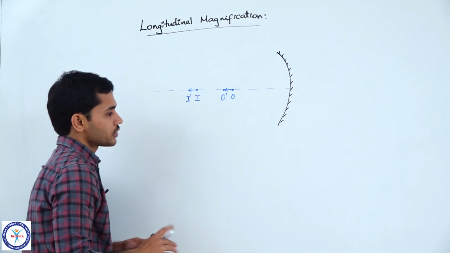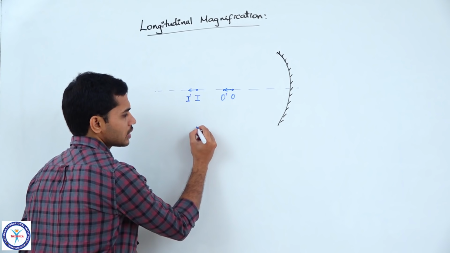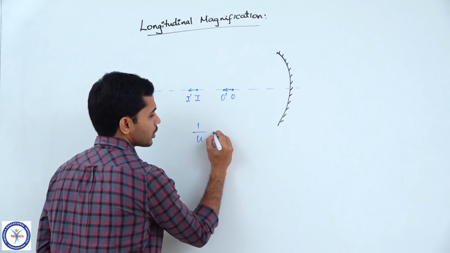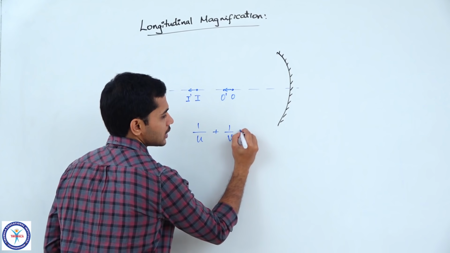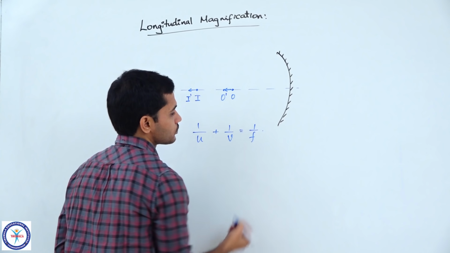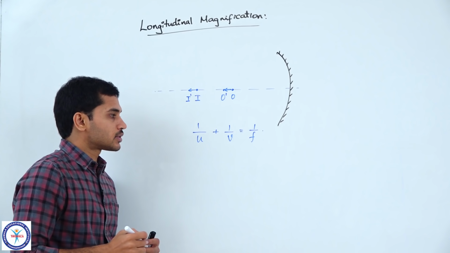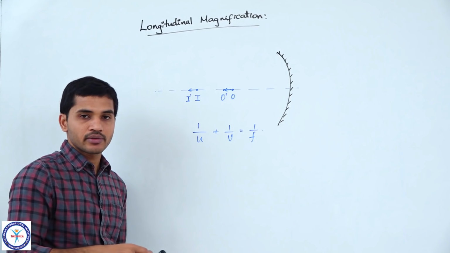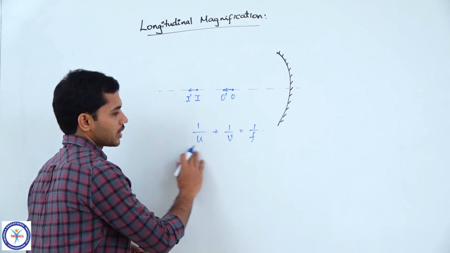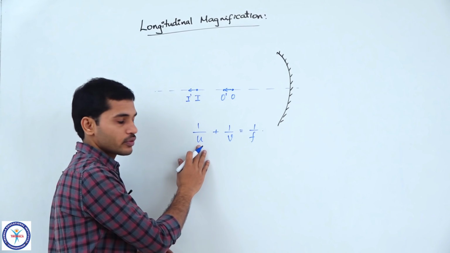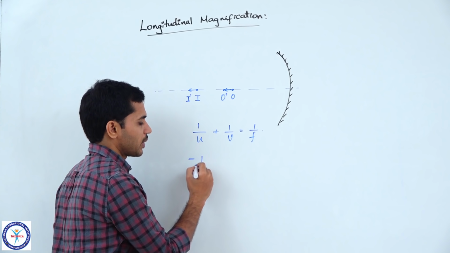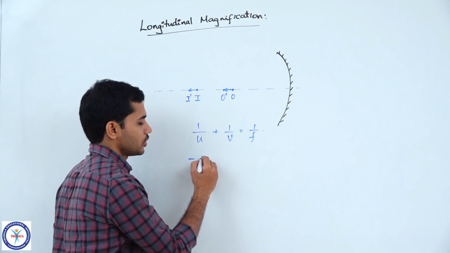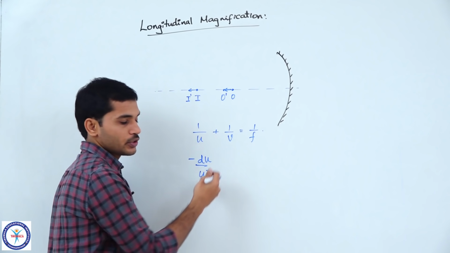I will take the mirror formula, which is 1 by u plus 1 by v equals 1 by f. Now I will differentiate that expression. You will understand why in a while. When I differentiate, I can write minus 1 by u square into du, so minus du by u square.